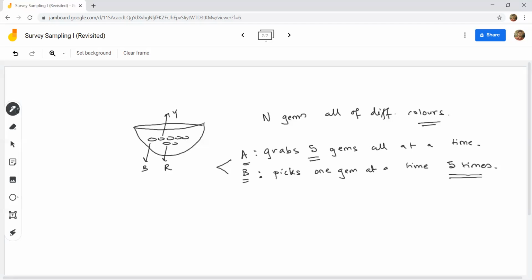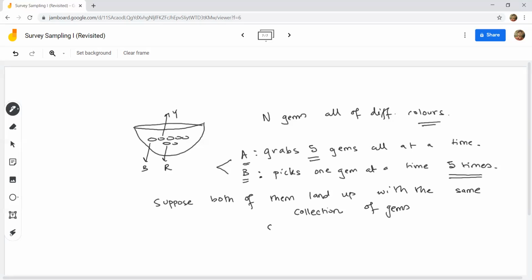Now suppose both of them land up with the same collection of gems.